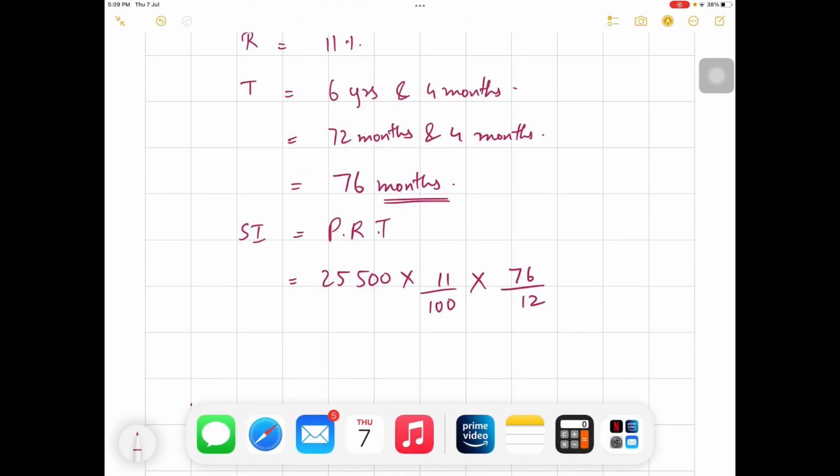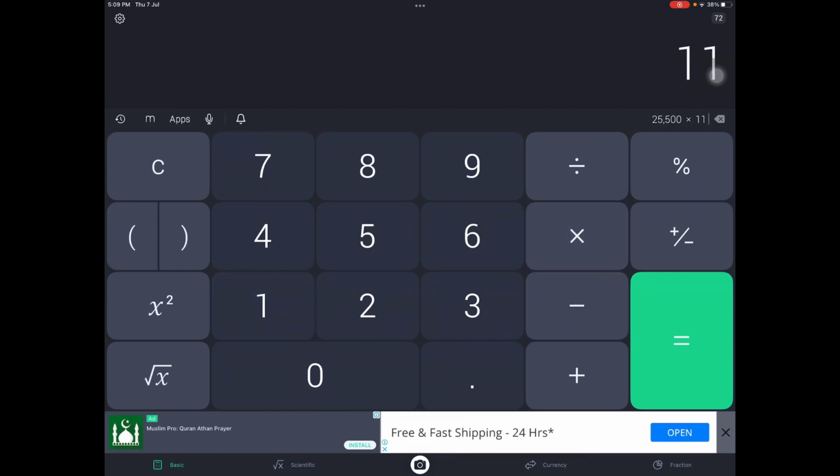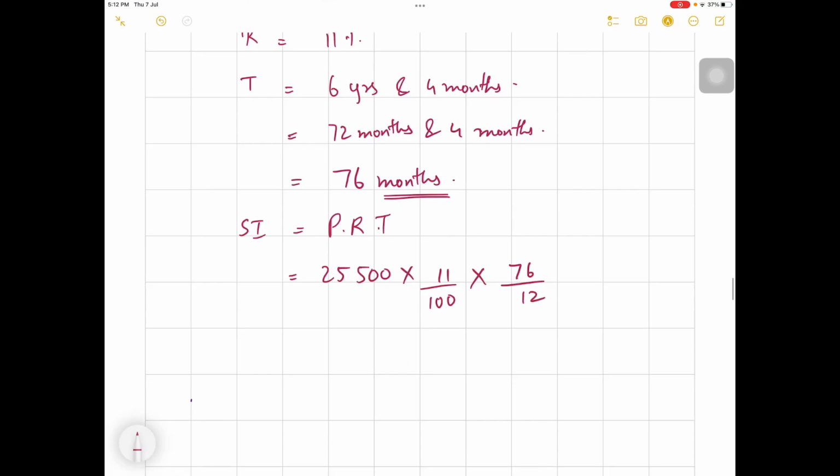Let's calculate this. 25,500 into 11% into 76 divided by 12. That comes to 17,765.